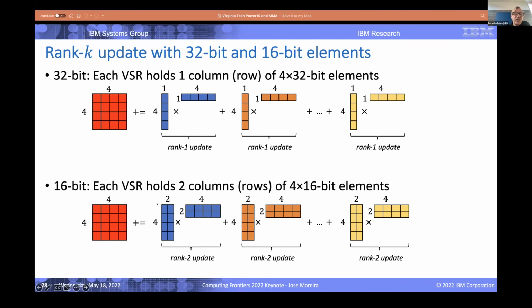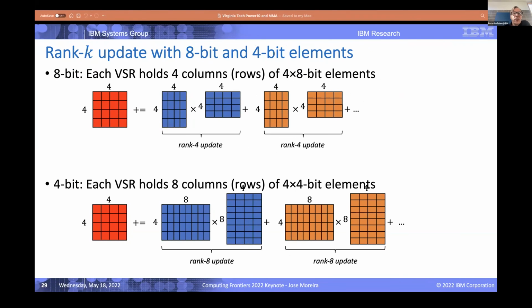So what you do is consider that to be 2 ranks of a matrix, and you do a rank 2 update into your matrix register, and so on for other data types.